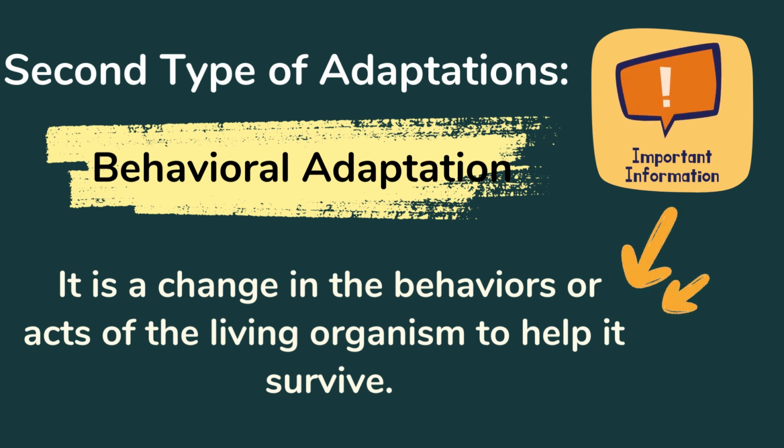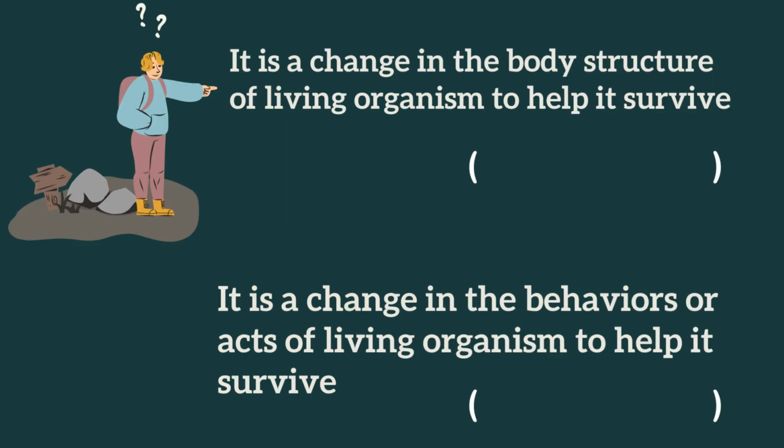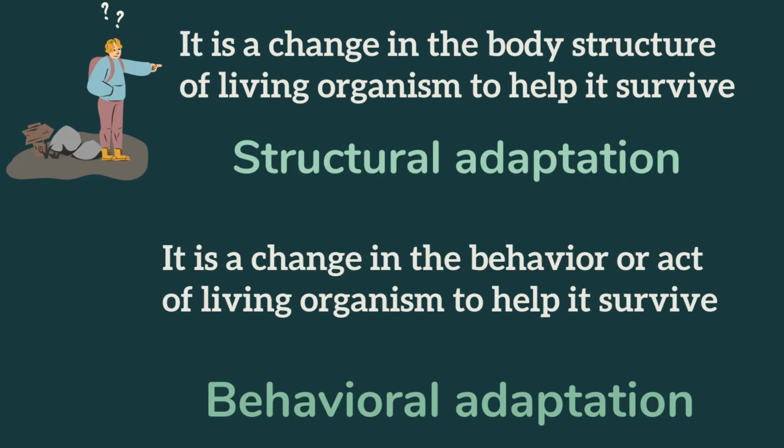Okay, so if you got it, here is a question with a scientific term. It is the change in the body structure of living organisms to help them survive. Can you think about it? And the other one is a change in the behaviors or acts of living organisms to help them survive. Yes, you did it, I hear you. The first one is structural adaptation and the second one is behavioral adaptation.